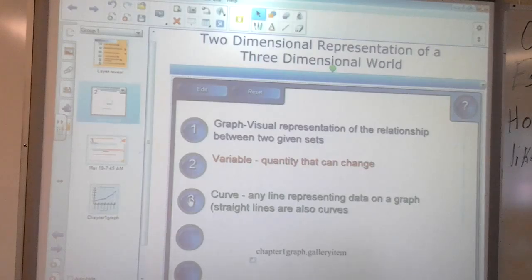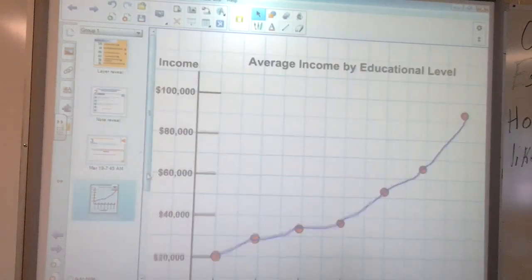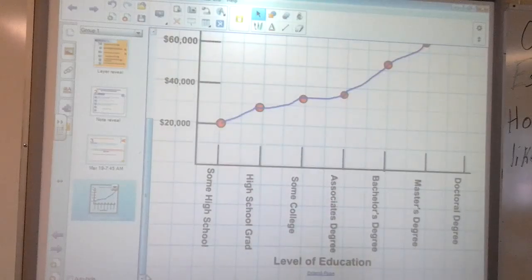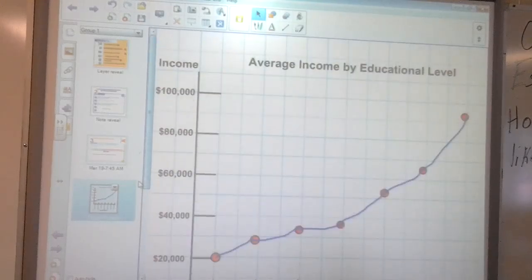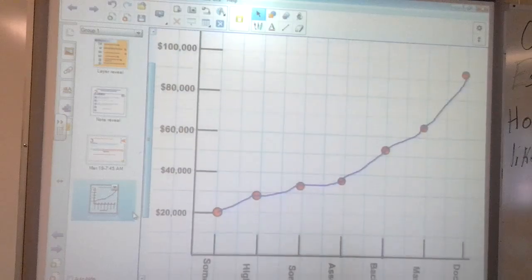If you have data and you plot your points on your graph and draw a line or draw a curve, that is what they're talking about. And an example of a graph is, right here, we're looking at level of education versus average income by educational level.